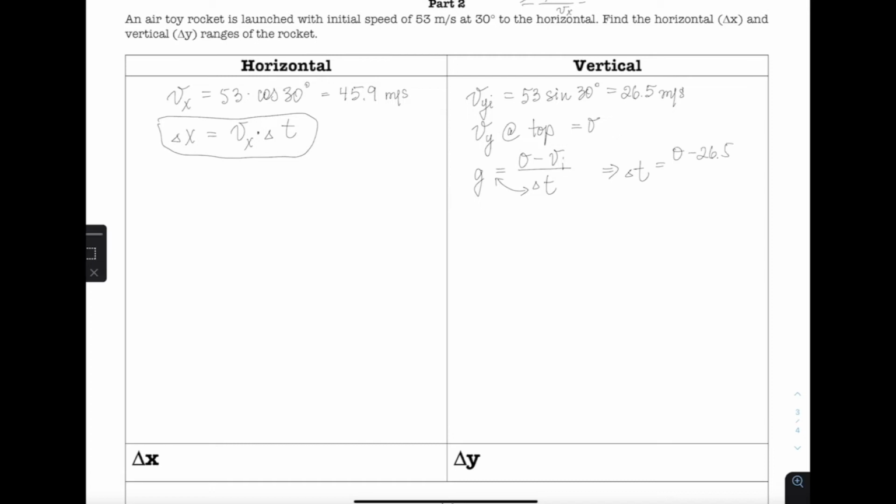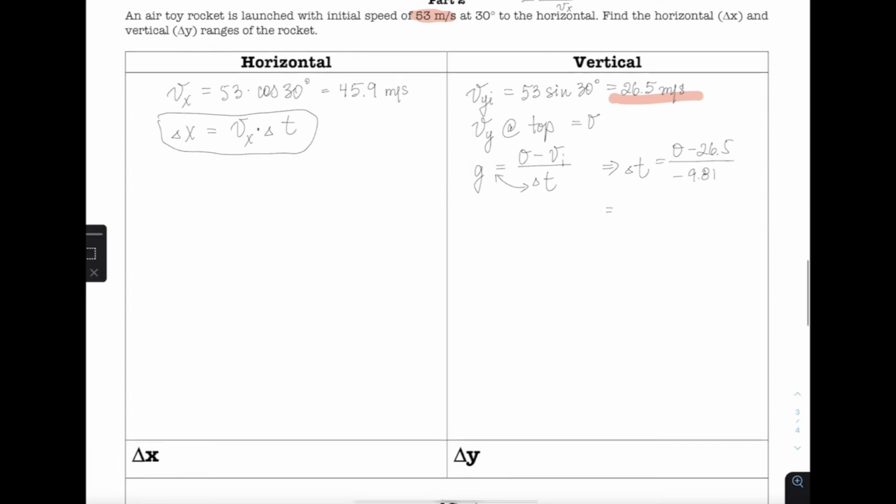Mind you, I'm not using 53 meters per second. Even though they told me that the speed is 53 meters per second, that is not horizontal or vertical. We had to split it into horizontal and vertical parts, and the vertical part is only 26.5. So that's what I'm going to use. 0 minus 26.5 over negative 9.81. So change in time is 2.7 seconds.